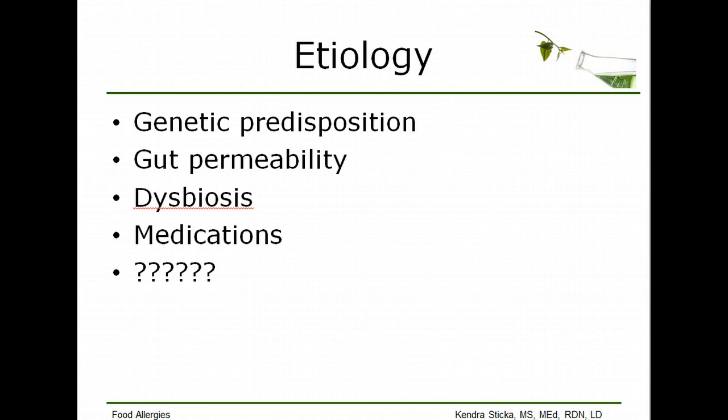We really don't know what is causing food allergies. There's like the hygiene hypothesis that says maybe we're just too clean and we don't let our bodies sort of get used to being exposed to a variety of things. A lot of different ideas in terms of what might be causing the rapid increase in food allergies that we've been seeing, but these are some of the possible contributing factors.